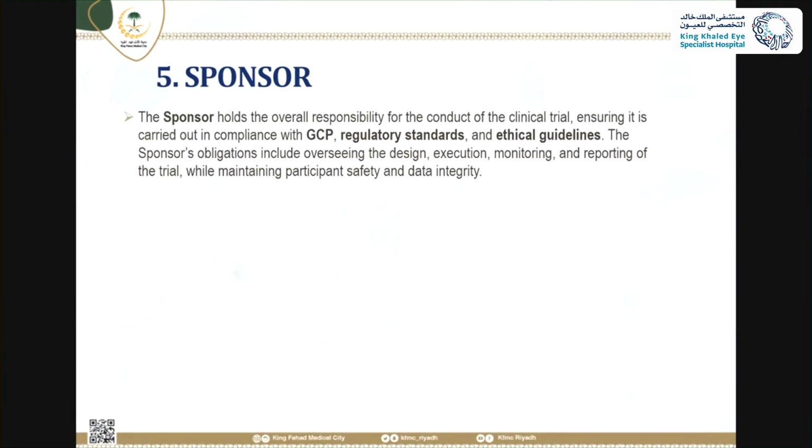The sponsor, mainly don't worry about this. For the business of a clinical trial, all issues related to a sponsor are managed by the research center. They have a research coordinator to deal with the sponsor's obligations. However, at most, they want to make sure that the conduct of any clinical trial is in compliance with the GCP and the applicable regulatory standards in each country.